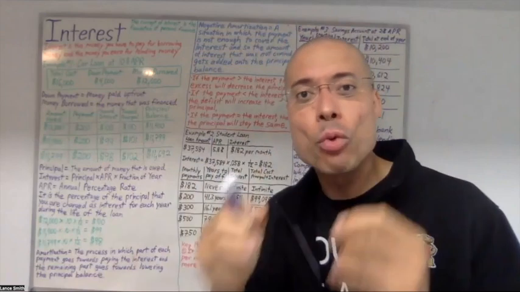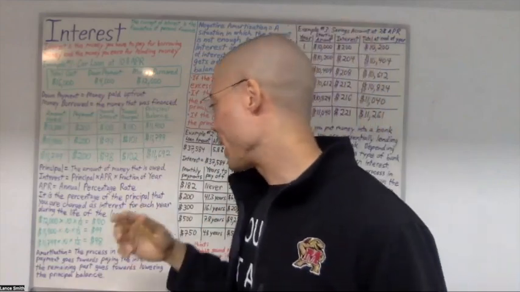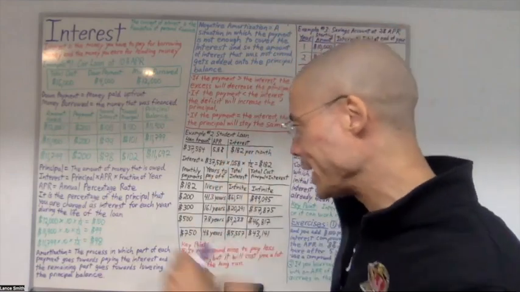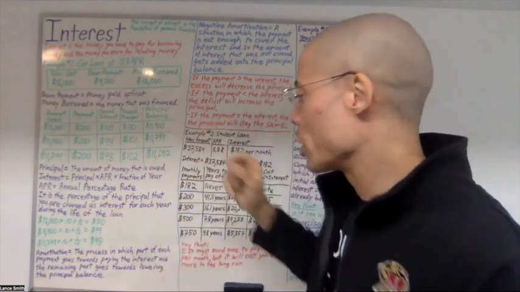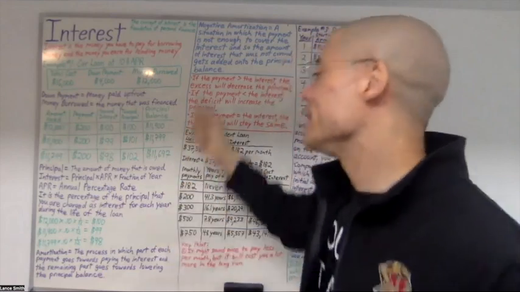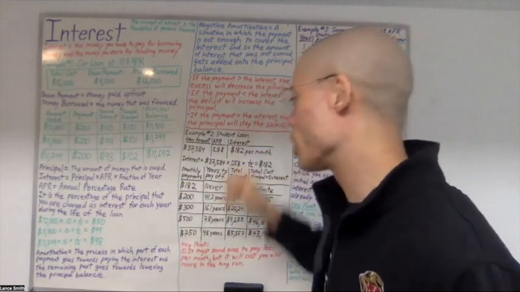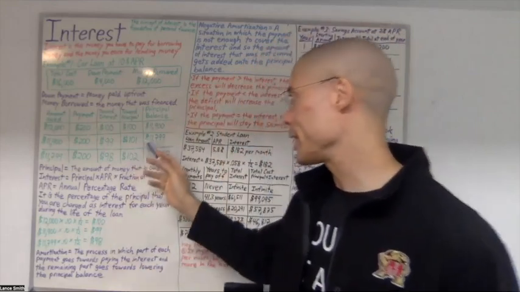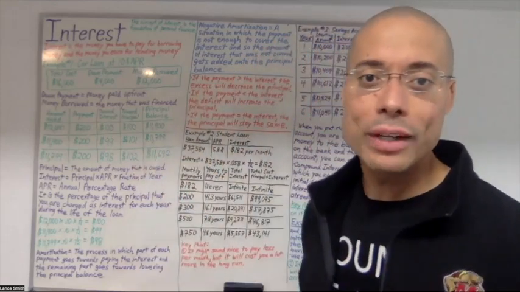What is amortization? Amortization is the process in which part of each payment goes towards paying the interest, and the remaining part goes towards lowering the principal balance. And this is a perfect example of amortization.